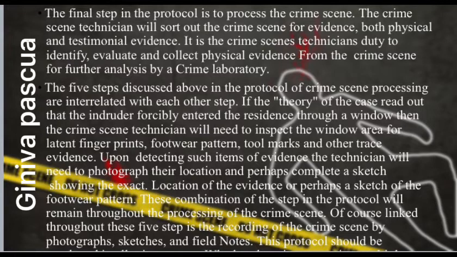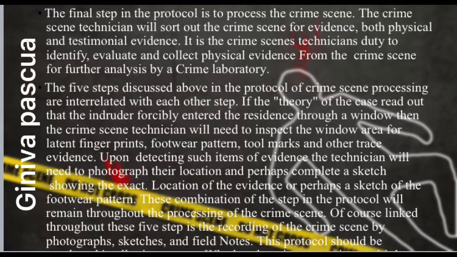If the theory of the case is that the intruder forcibly entered the residence through a window, then the crime scene technician will need to inspect the window area for latent fingerprints, footwear patterns, tool marks, and other trace evidence.